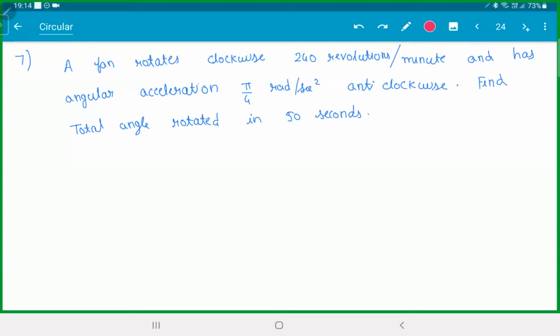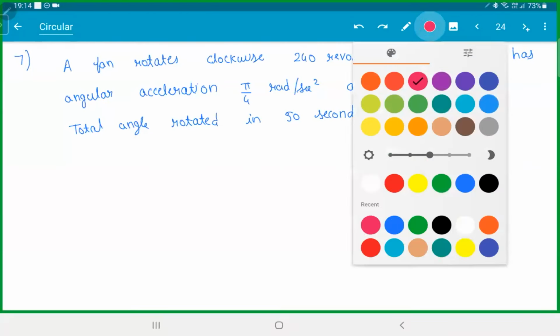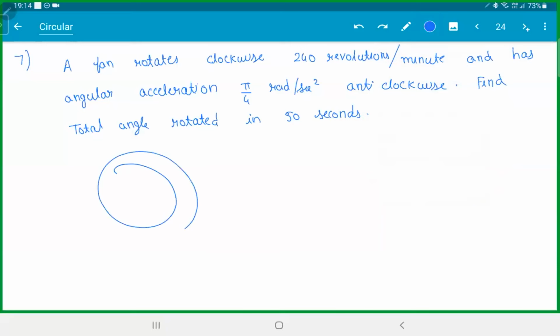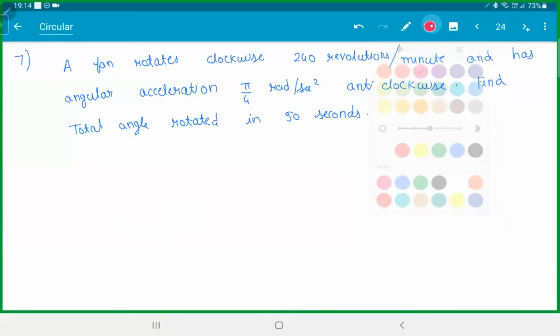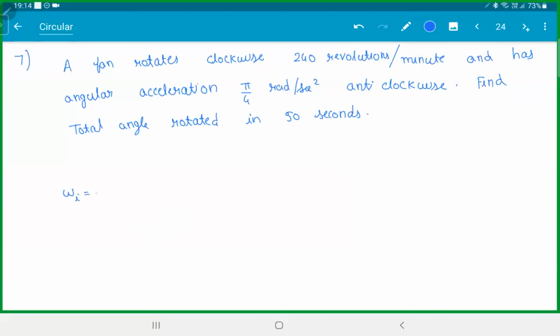Now, the problem here, you know what? If you try to visualize this in a circle, it becomes quite confusing because first it will rotate like this, slows down, then it rotates in the opposite direction. So what I would recommend, let's just assume it like a 1D motion. So first of all, what is your omega initial? 240 revolutions per minute.